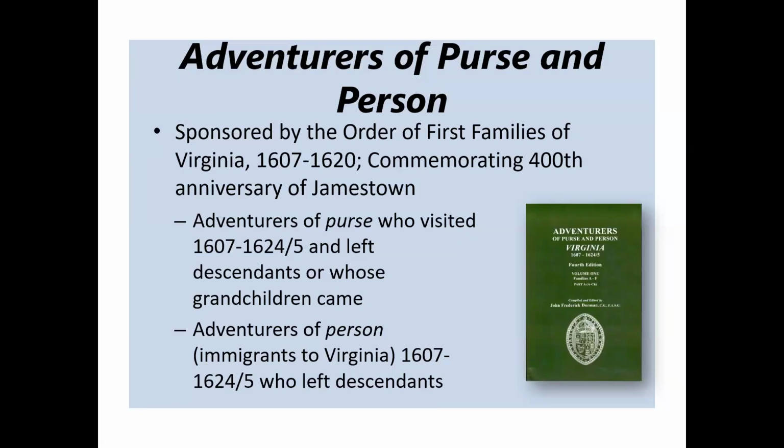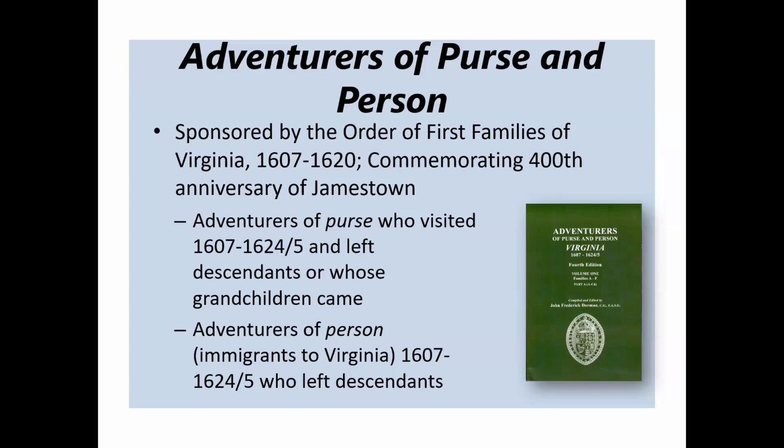One of the most used resources for Virginia is Adventurers of Purse and Person, originally sponsored by the Order of First Families of Virginia, 1607 to 1620. It was commemorating the 400th anniversary of Jamestown.